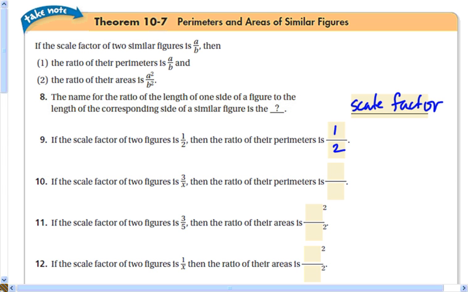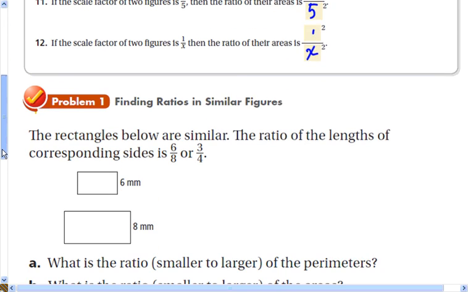If the scale factor of two figures is 3 over x, then the ratio of their perimeters is 3 over x. If the scale factor of two figures is 3 over 5, then the ratio of their areas is 3 squared over 5 squared. And the last one, same thing, you have to square them when you get the area. All right, so those are the ideas we're going to use to help us do these problems.